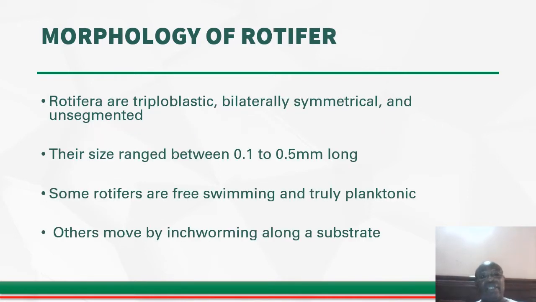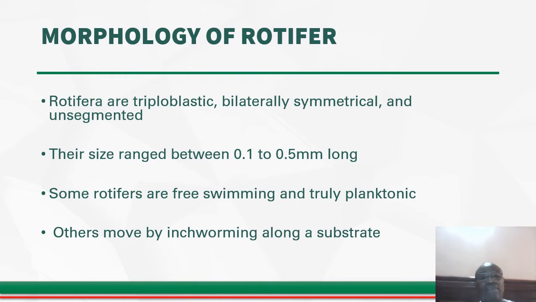As for the appearance, the morphology of the phylum Rotifera, as we have said, they are triploblastic, bilaterally symmetrical, and unsegmented, that is, they do not have segments, and their size ranges between 0.1 to 0.5 millimeter long.